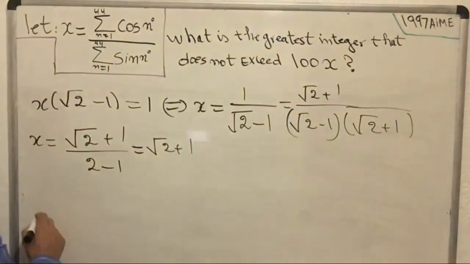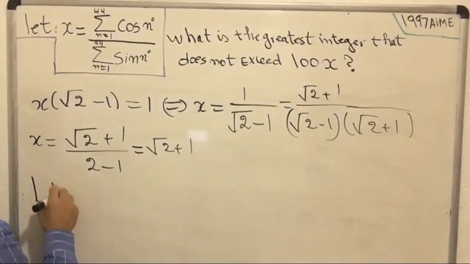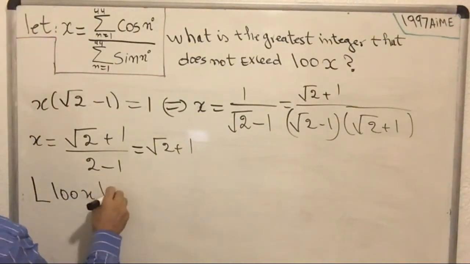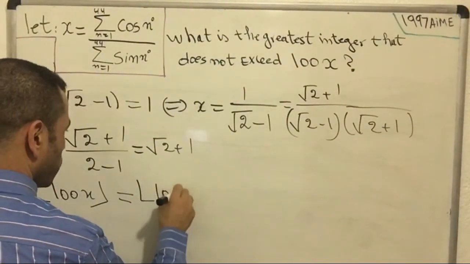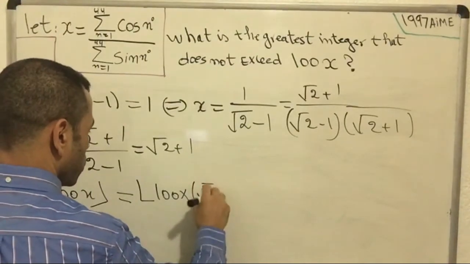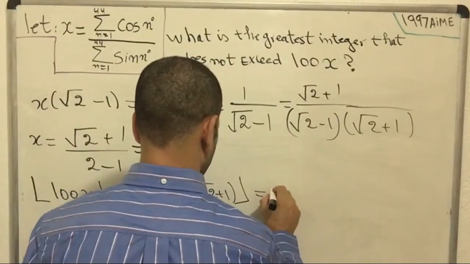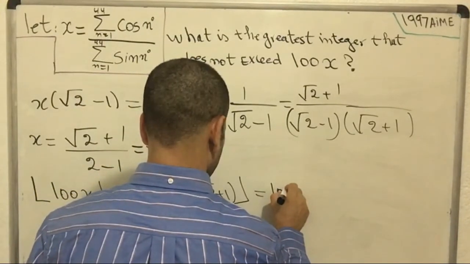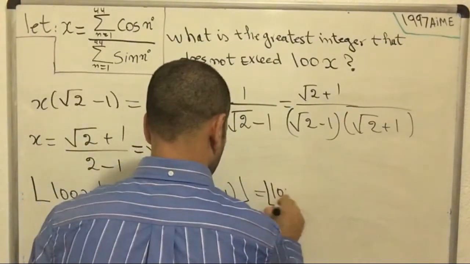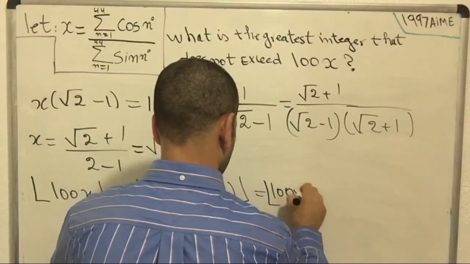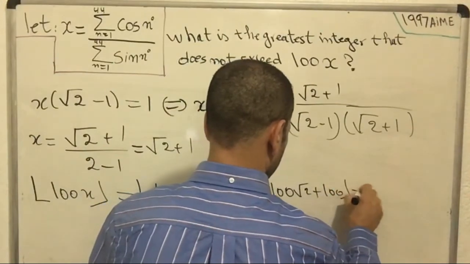So the floor of 100x equals 100 multiplied by (√2 + 1), which gives the floor of 100√2 + 100.